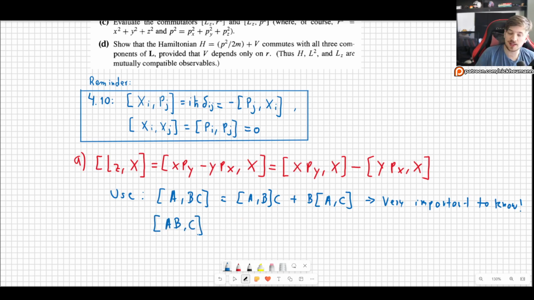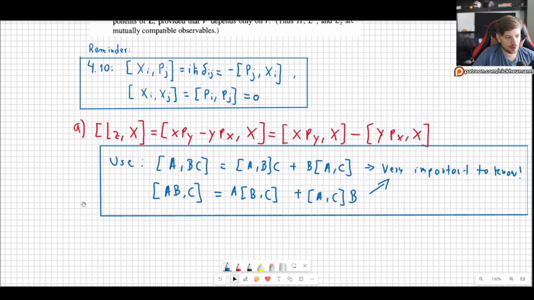So you have two things in the front and then you have the other. In this case, you take the a up front here, and then you get a times the commutator of b comma c, plus, and now once again you take b just like we did here, but now we're going to put it on the other side. So we also get a comma c, but now b is on the right side. So this is also very important to know. These are very, very useful properties.